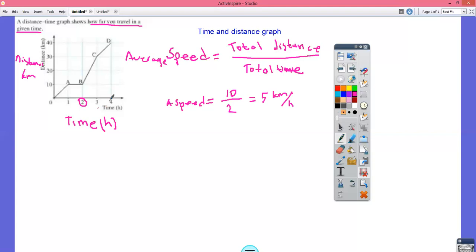Now let's find after 4 hours, what was the average speed? We are going to write 4 hours average speed.